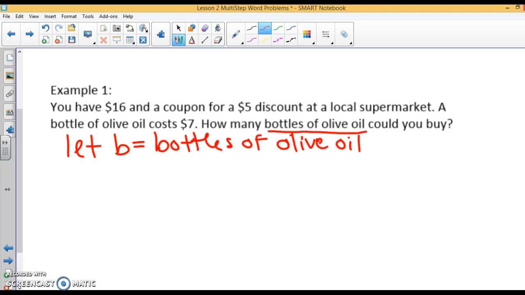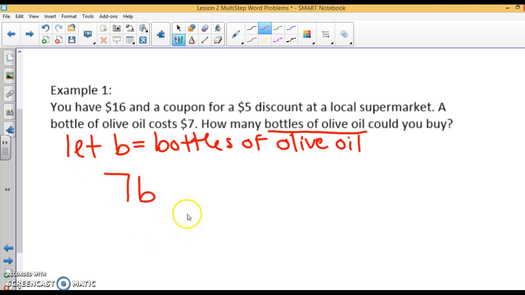So, to get started on my equation, if I look back, it says a bottle of olive oil costs $7, and we just labeled B as our bottles of olive oil. So, can't we put 7B or 7 times B, because 7 is the cost per bottle?